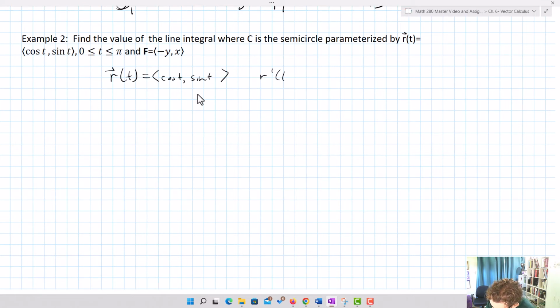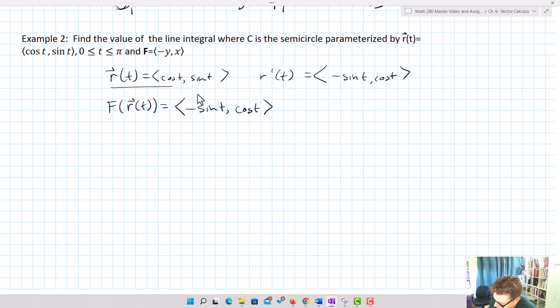R prime of t then is going to equal negative sine t, cosine t. F of r of t is then going to equal negative sine t, cosine t, basically just plugging r of t into f.